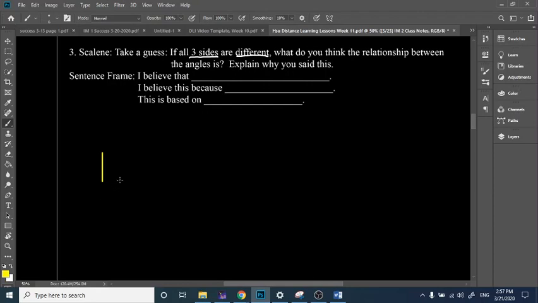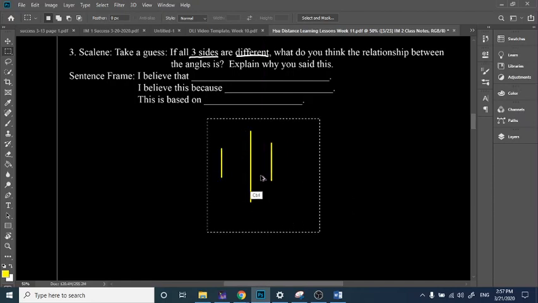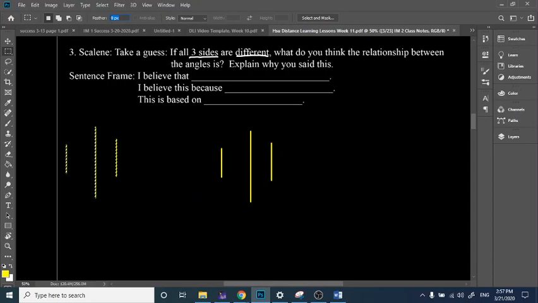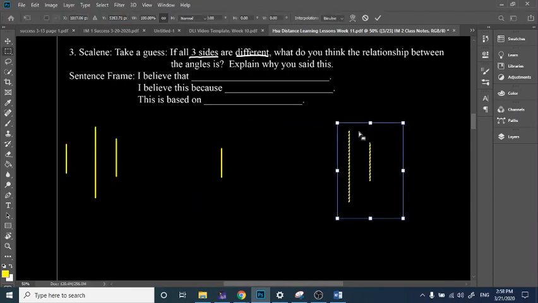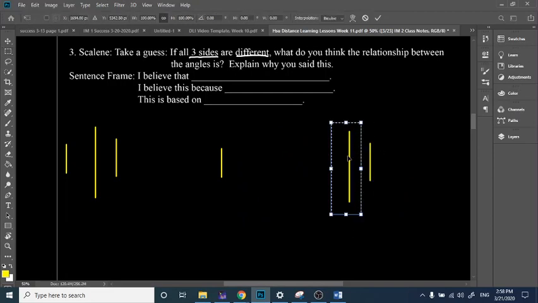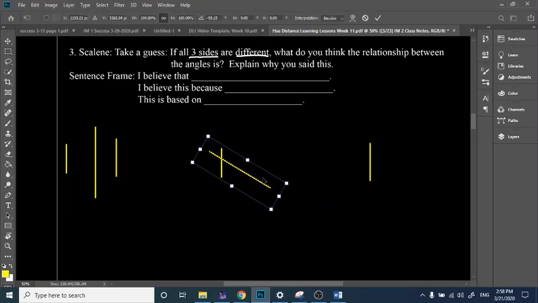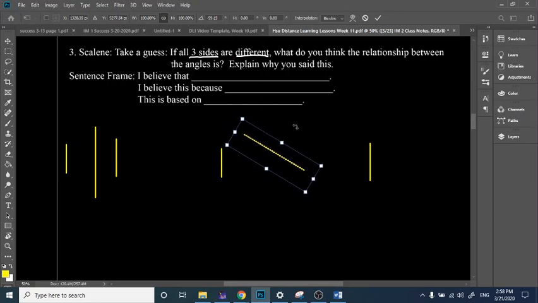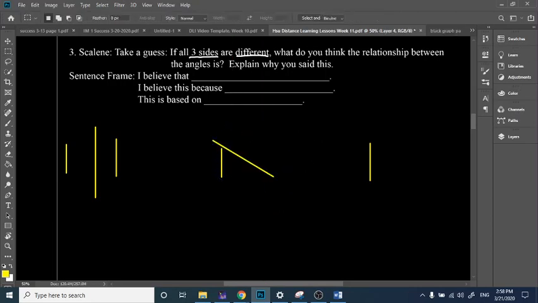So let's try constructing a random scalene triangle. So let's move that, or I meant to copy that, not move it. Just in case I need that sometime later. So let's random angle on that. So let's do that on a different layer actually.